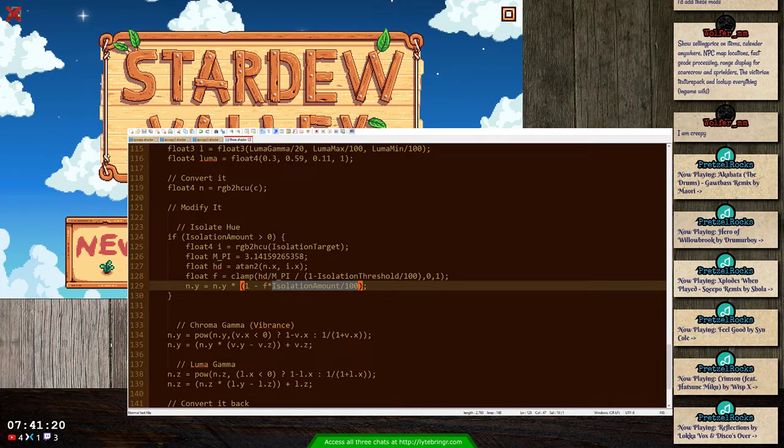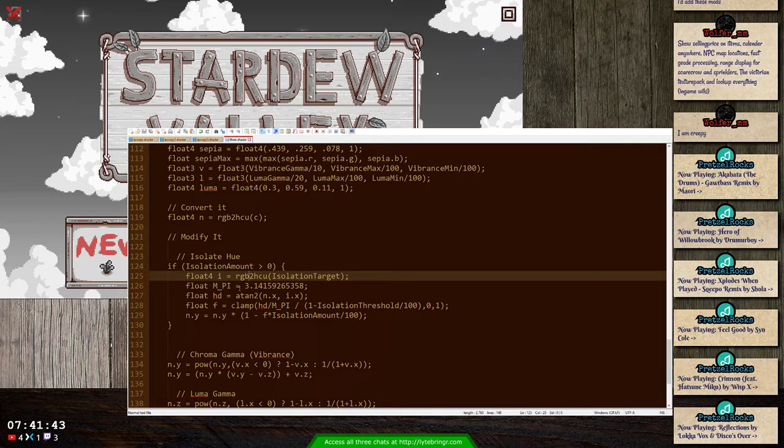So let's select red and see if it does the same thing. Oops. Okay, so it's doing the same exact thing no matter which target we choose. Which means somewhere in here, it is not giving us what we need.